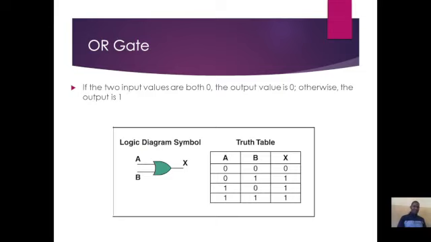But if input A is 0 and input B is 1, then the output is going to be 1. At least one of the inputs will be 1, then the output will be 1. Otherwise, it will be 0. So the consideration is that at least one input in the OR gate should be 1, then the output will be 1. If both inputs are 0, then everything is actually going to be 0.